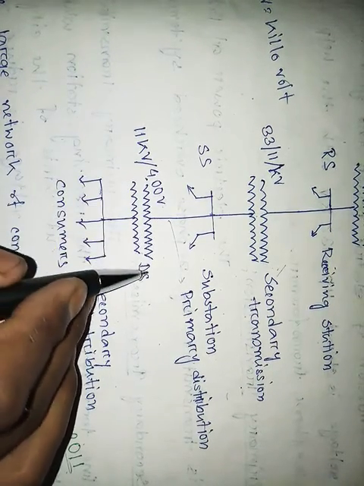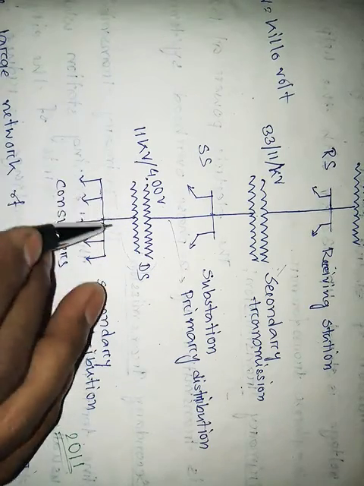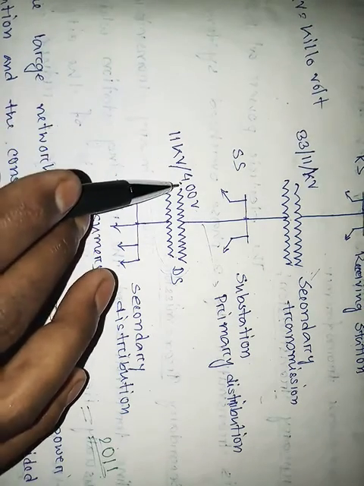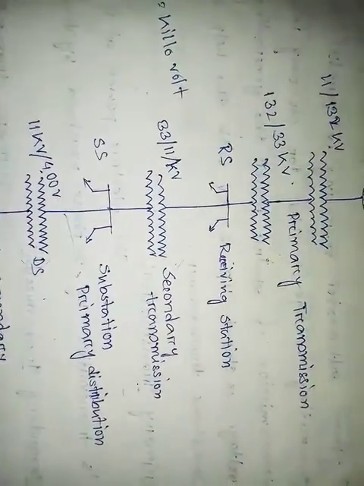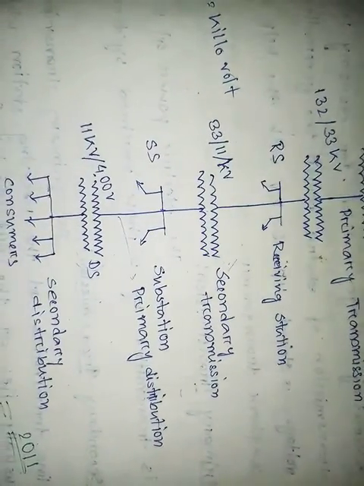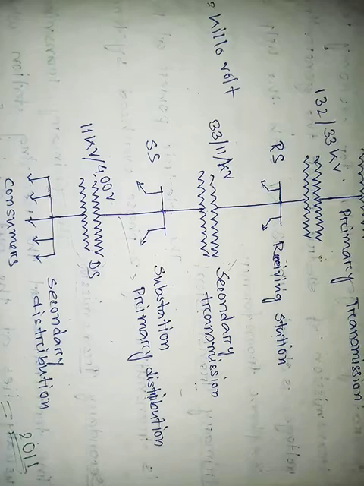This substation located in our area is commonly known as a pole mounted substation. Here voltage is reduced from 11 kV to 400 volt, because we take a star connection in our home due to the neutral path, and from this point up to this point we are using a delta connection.